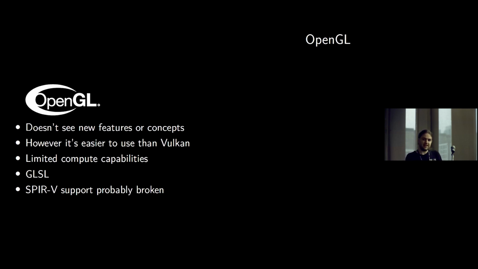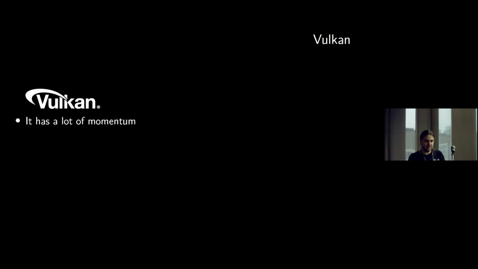OpenGL kind of added SPIR-V support in its latest version, but I don't think anybody uses it, and I wouldn't be surprised if it's broken everywhere. Maybe you know people who are aware of this, but I kind of doubt it.